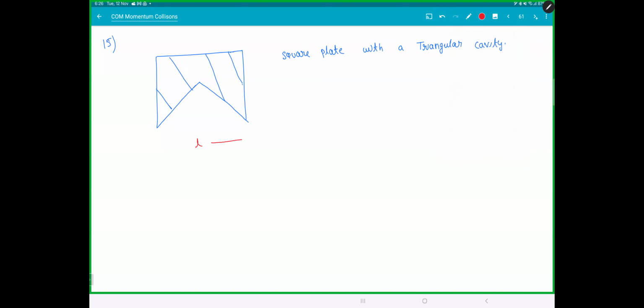So this side is L. This is point A and this height is H. Now find the L by H ratio if point A is the center of mass.